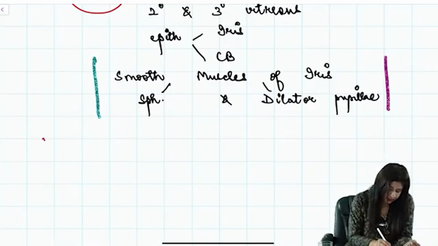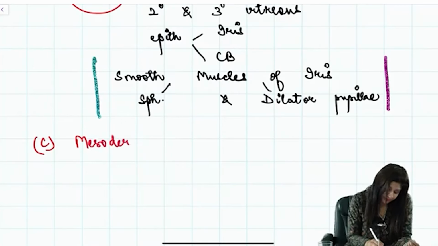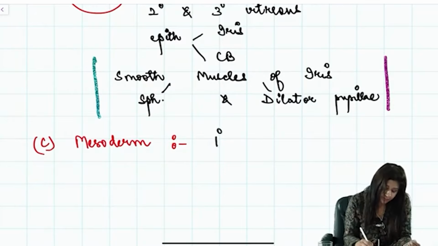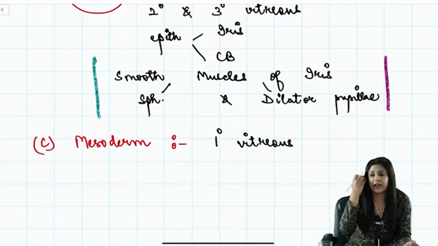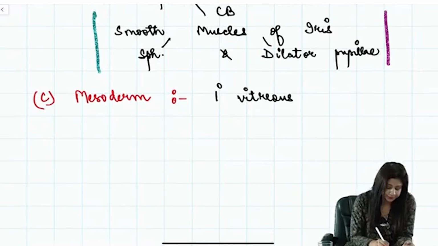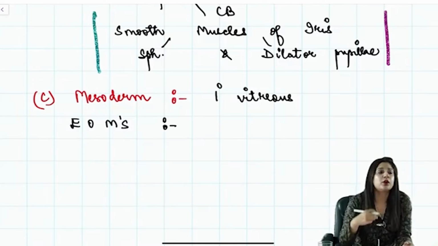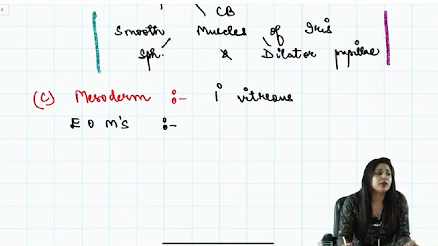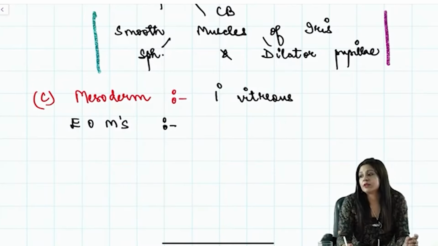Then see, we have mesoderm. From mesoderm, first of all is the primary vitreous, which was present in intrauterine life. Then the extraocular muscles. These muscles are responsible for motility, therefore they come from mesoderm.